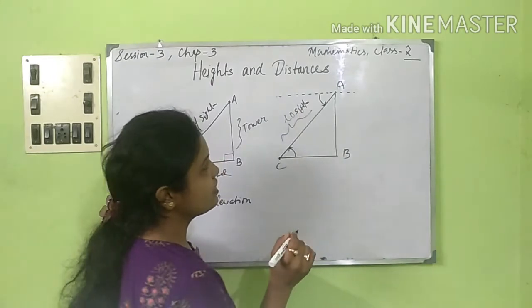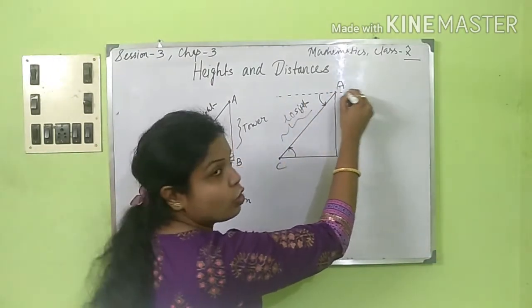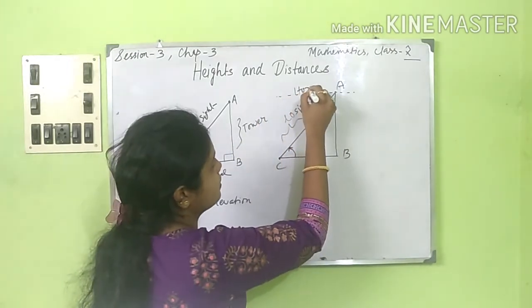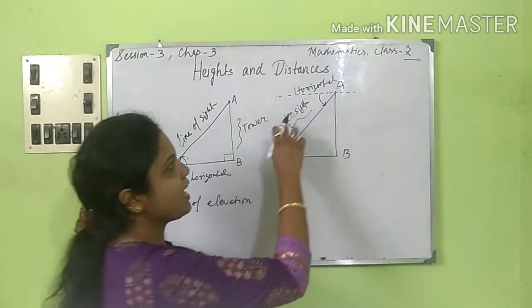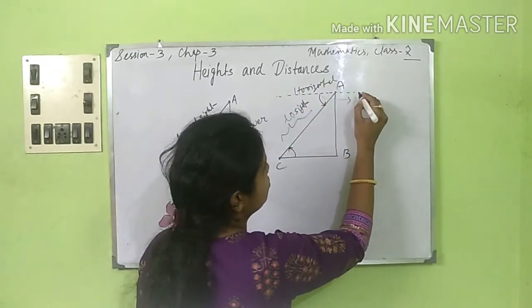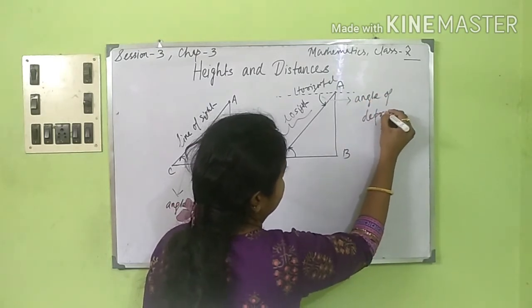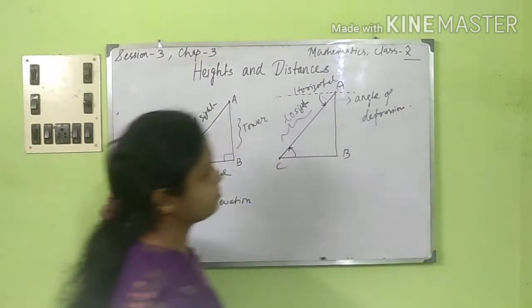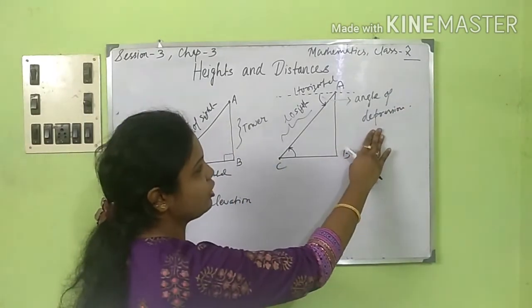And this line of sight, we are considering this particular dotted line as the horizontal. The angle made between the line of sight and the horizontal is known as the angle of depression, right? So this was angle of elevation and this is angle of depression.